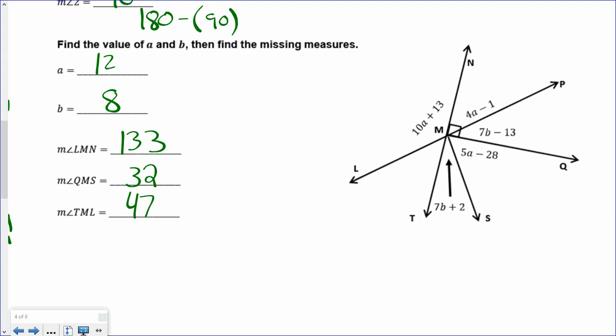I think it gives you 47. When you plug in A, it gives you 47 for this angle, and then you can use that to find B. So sometimes you have to back up, use a previous question to answer the next question, okay? So to find B, you need to use A. Then for these ones, real simple, just plug A and B into whatever angles you need to find those.